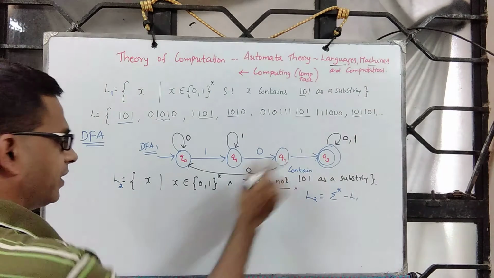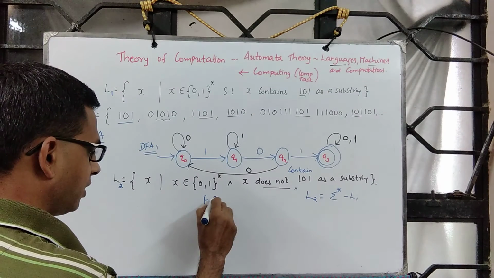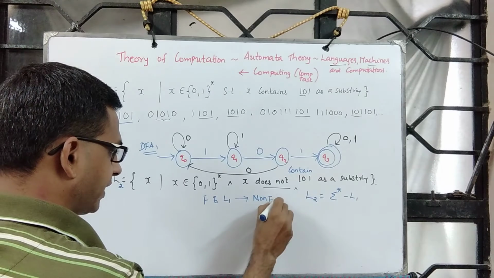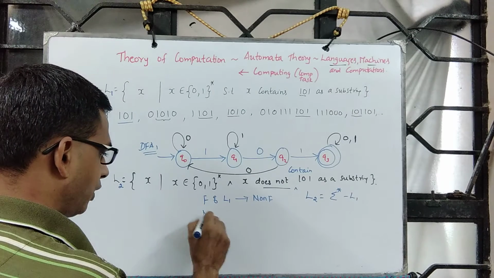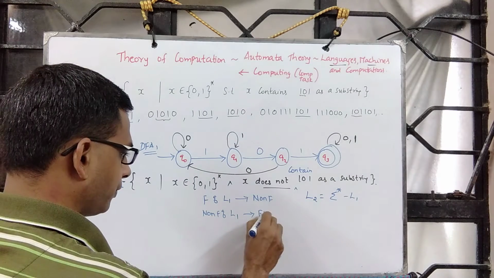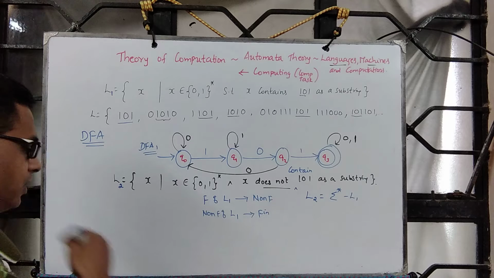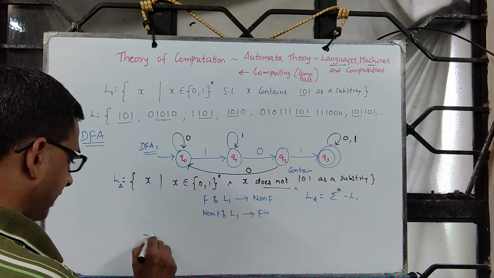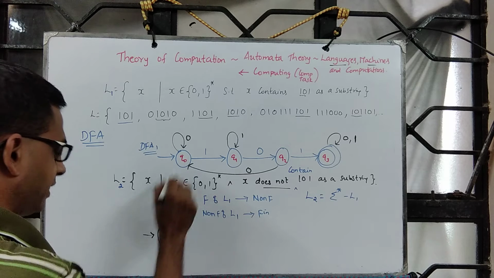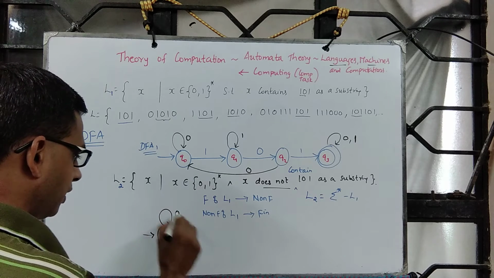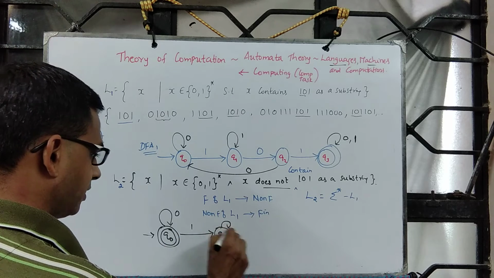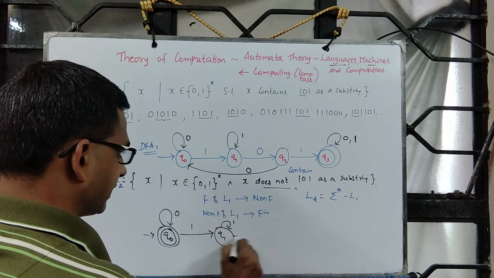So simply flip the final states of L1 to non-final states, and the non-final states of L1 you flip to final states. So the automaton becomes like this: Q0, a non-final state, will become a final state. No change in the transition. Everything else remains the same except switching final states and non-final states.